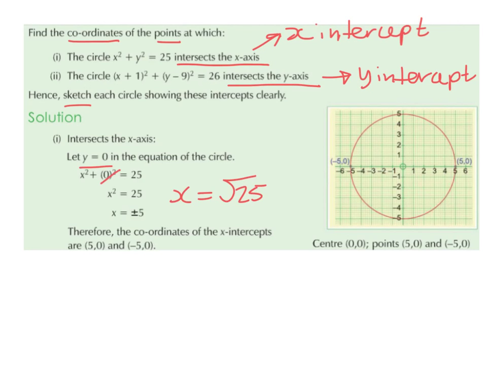Doesn't matter which one. Let's say if we started here, our pencil point would be here, our compass point would be here. So we put our pencil point at 5, 0 and we draw a circle the whole way around. And then we have sketched our circle: centre 0, 0 and our x-intercepts 5, 0 and minus 5, 0.